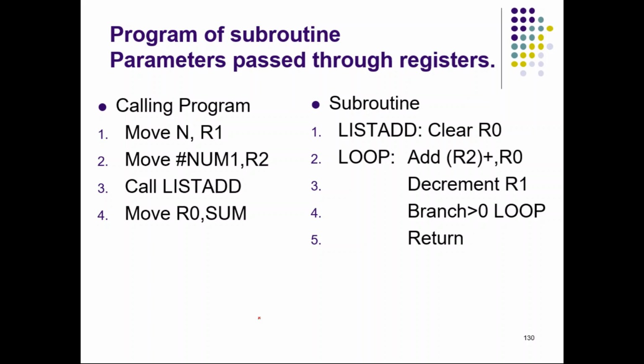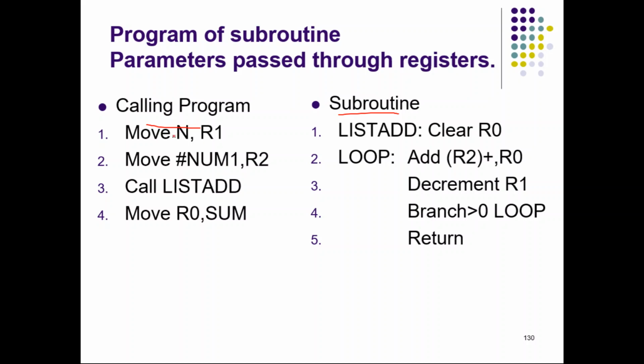Here you can see there is the calling program and this is a subroutine. Here we want to add some n numbers. All these numbers are stored starting from memory location num1, num2, num3, like that, n values are there.